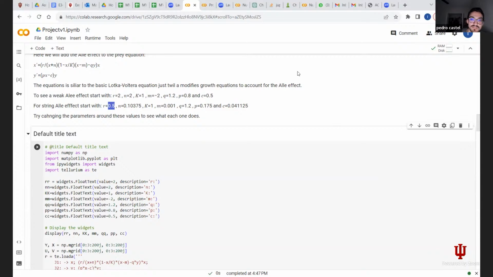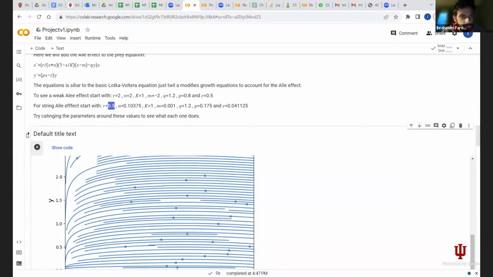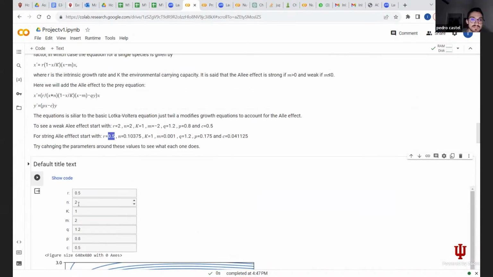Close the arrow on the left of the cell. You can still access your code by clicking show code, but it looks much, much better and you can use it as an interface.